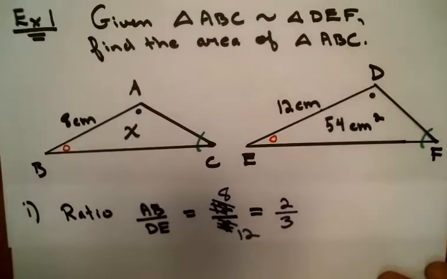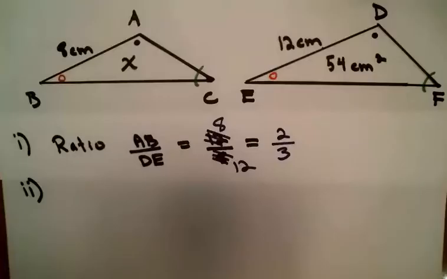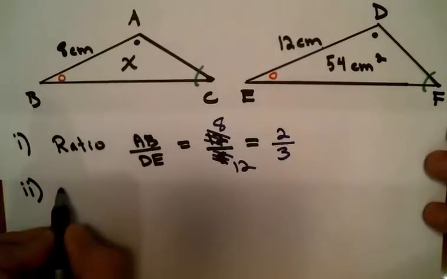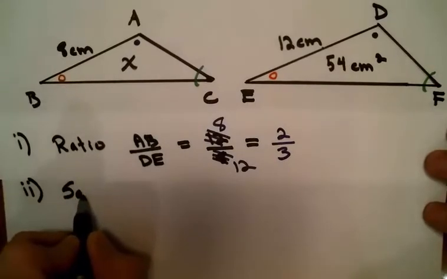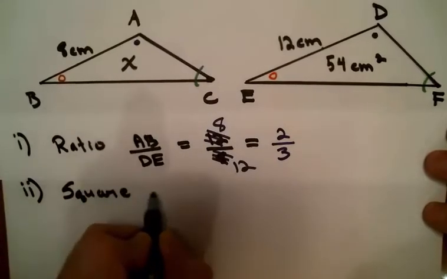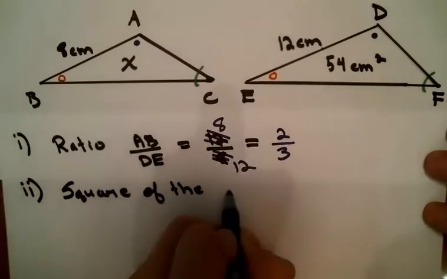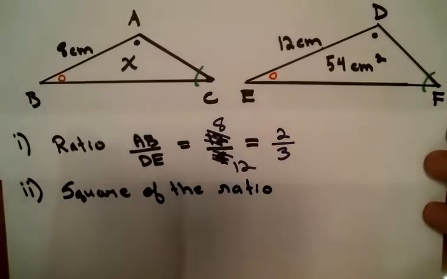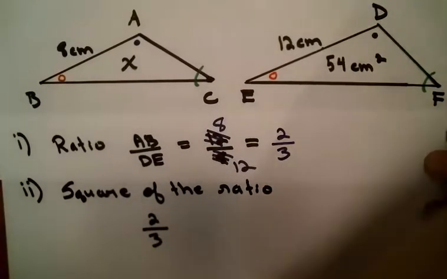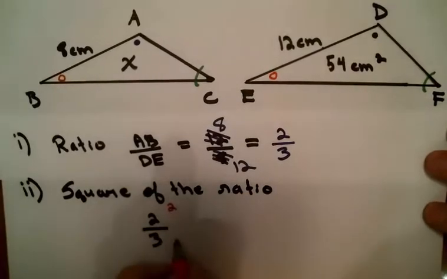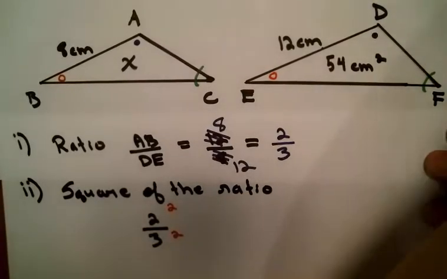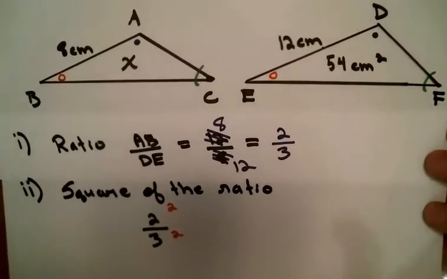Okay, here's the new step. We're going to find the square of the ratio. So if the ratio is 2/3, we're going to square the numerator and denominator, so both of them, and it's effectively squaring the ratio.